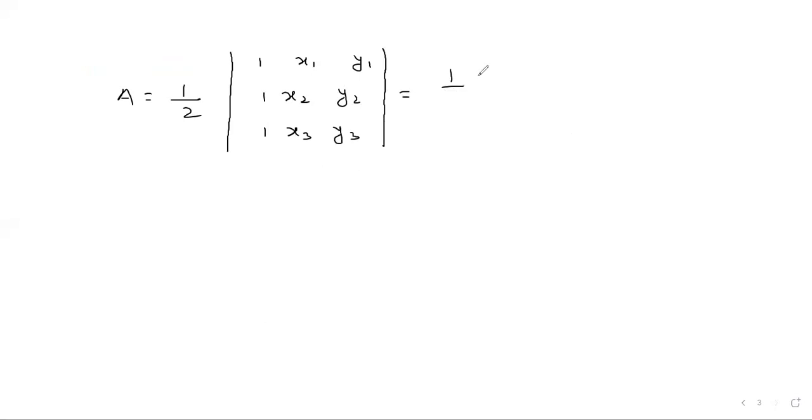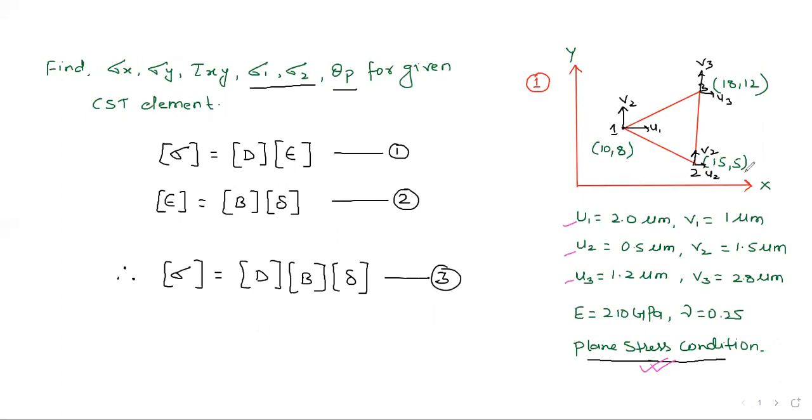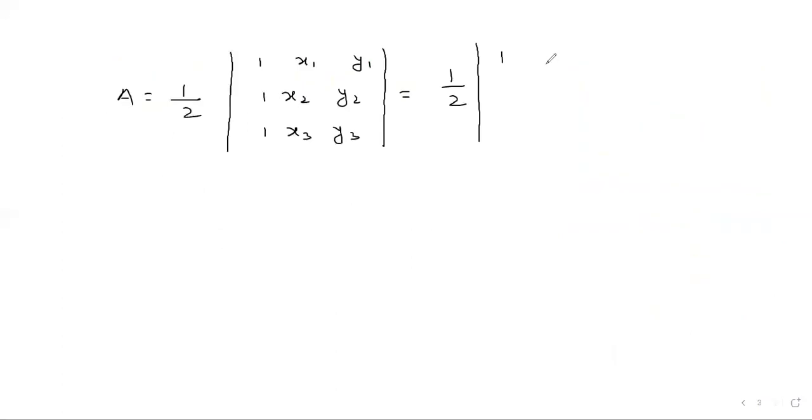Taking these values, the matrix is [1, 10, 8; 1, 15, 5; 1, 18, 12]. If you solve it, you are going to get the area as 22 mm square.